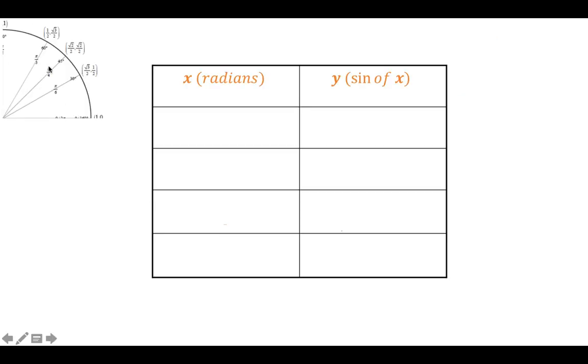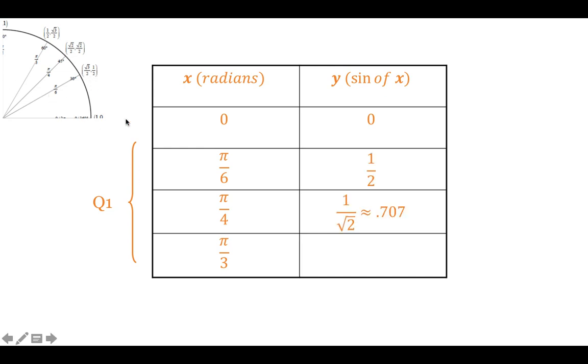So we're going to start with quadrant 1. These are going to be quadrant 1 values. So I'm going to start with 0, pi over 6, pi over 4, and pi over 3. We're going to work in radians right now. I've got it up here, right? At 0, my output is 0. When my input is pi over 6, my output is 1/2.